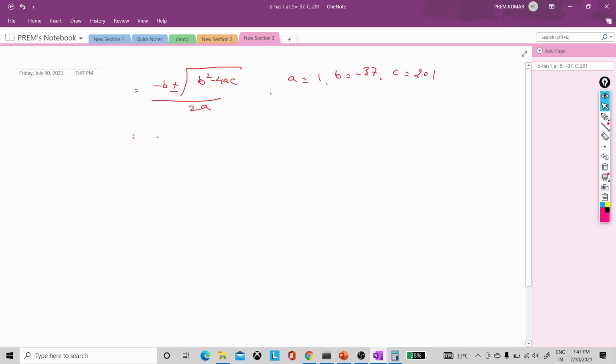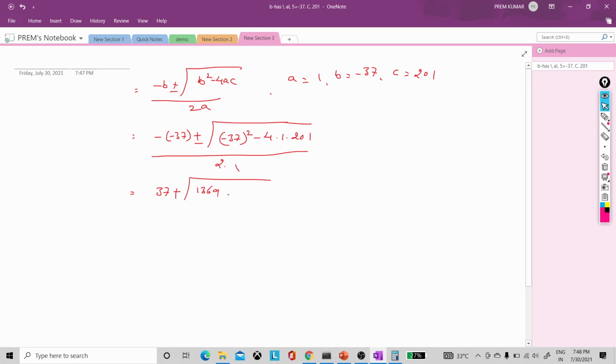So minus b means minus of minus 37, plus or minus root of minus 37 whole square minus 4 times 1 times 201, multiplied with 2 into a. So minus into minus plus, so 37 plus root of 37 square, so 37 square means 1369, minus 804, by 2.